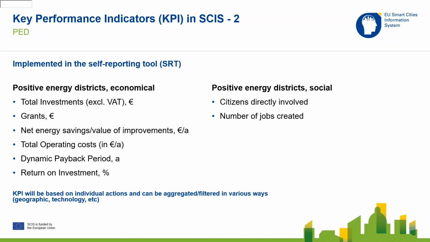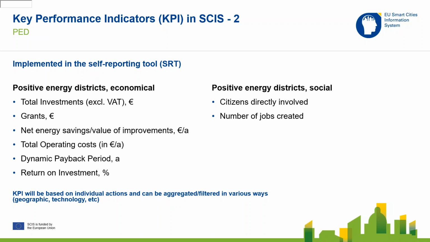And of course, from the savings, you need to subtract operating costs that you might have additionally, and you can calculate your dynamic payback period or return on investment. And for social, it is mainly about how many people are involved and whether there are any jobs created. The manual that I will come to later on is more specific about what to include here.